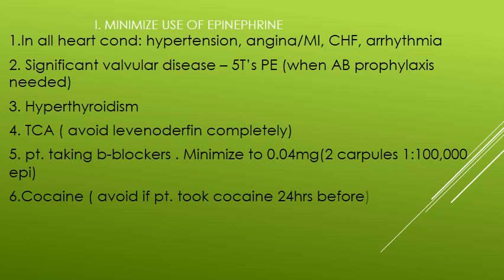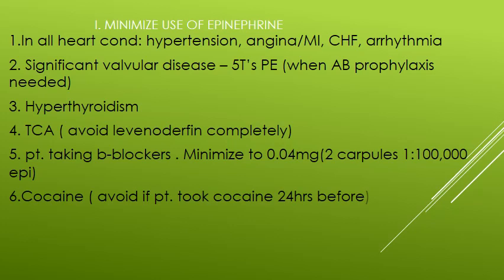TCAs can increase the BP and can cause cardiac arrhythmia. Now, if the patient is taking a beta blocker, as beta blockers also increase the blood pressure and epinephrine also increases the blood pressure, minimize epinephrine whenever the patient is taking beta blockers.